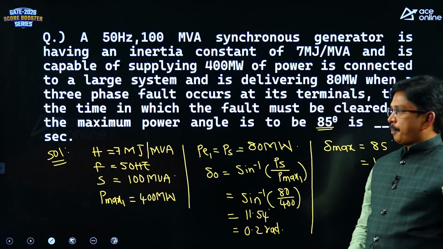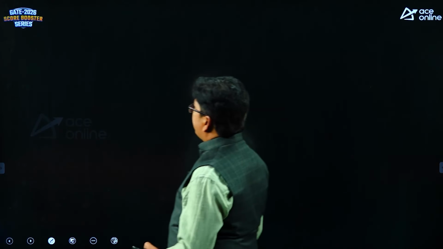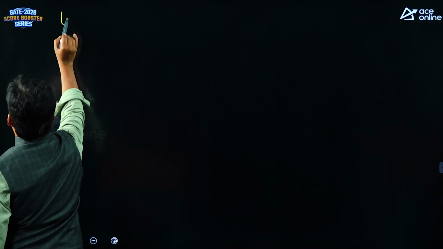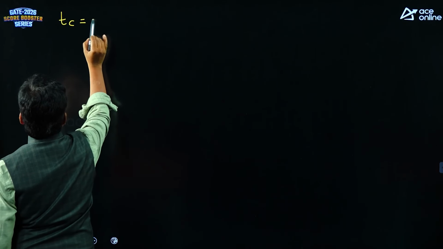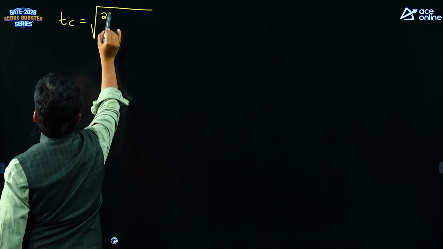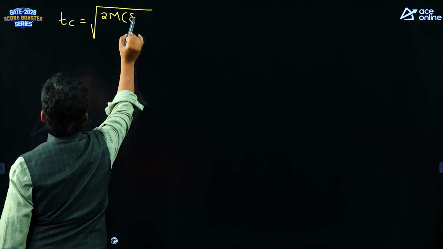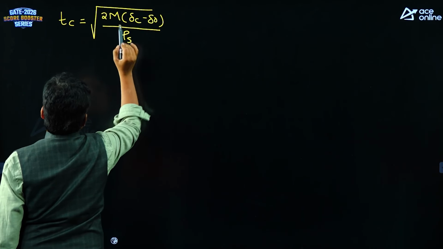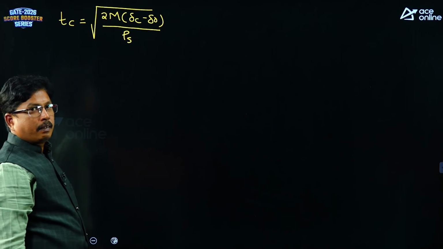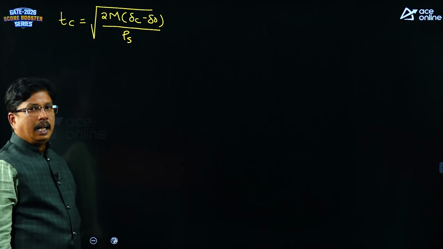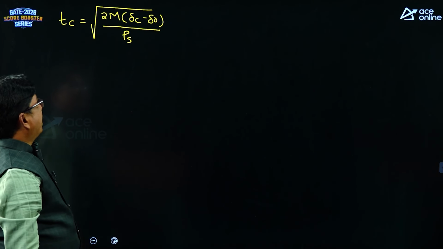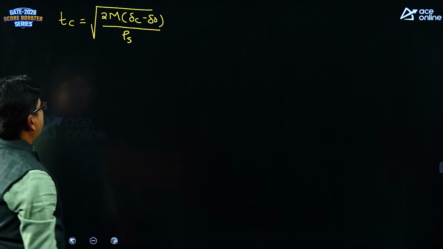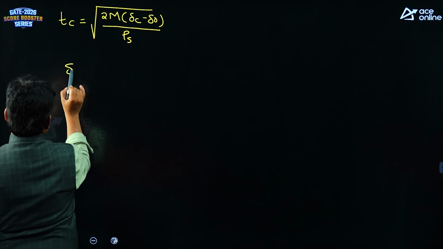Right, critical clearing time. The critical clearing time Tc is equivalent to the square root of 2m into delta C minus delta naught divided by Ps, which is equivalent to Pa. Electrical power is 0 under the fault condition. Calculate delta C, the critical clearing angle.